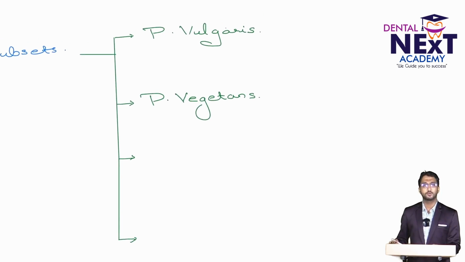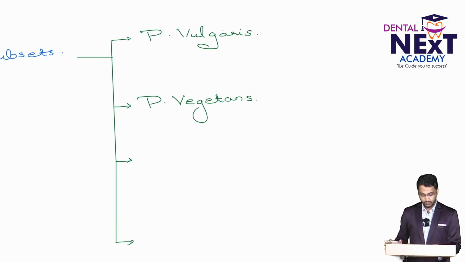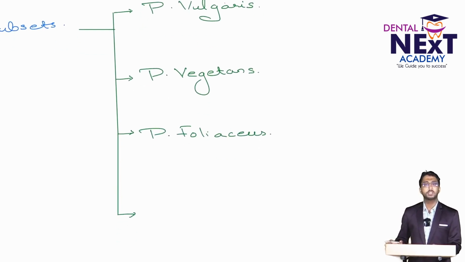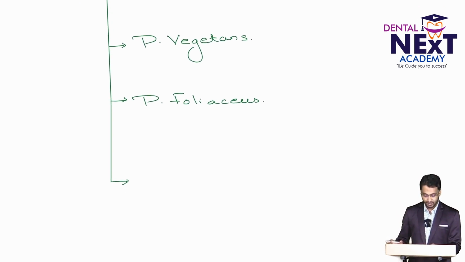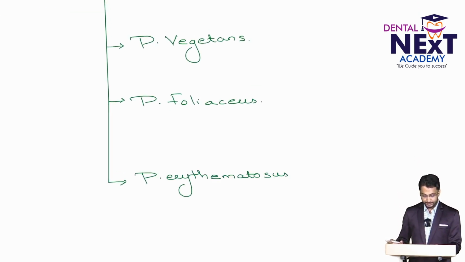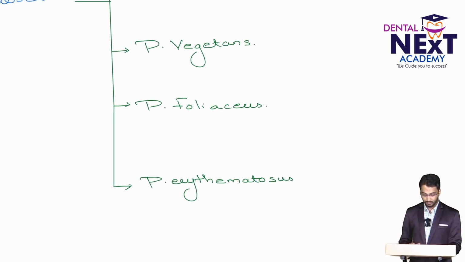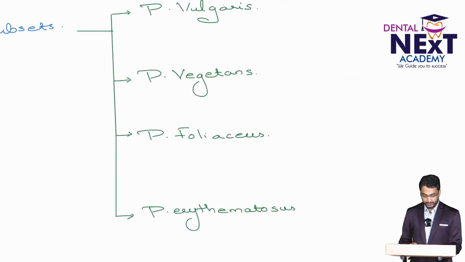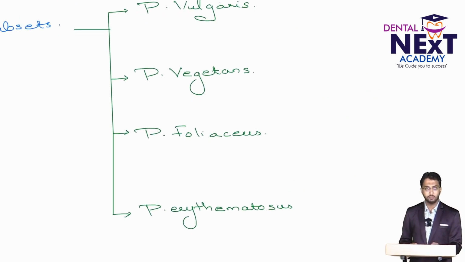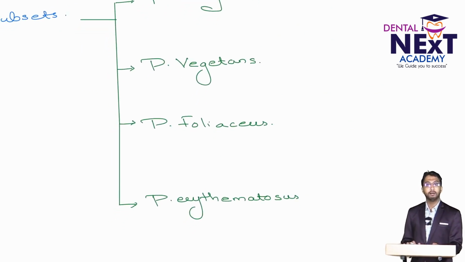These are the 2 lesions which involve the oral mucosa. Then we also have pemphigus foliaceus, meaning leaf-like, and then you have pemphigus erythematus, reddish. Those are the 4 major types: vulgaris, vegetans, foliaceus, erythematus.